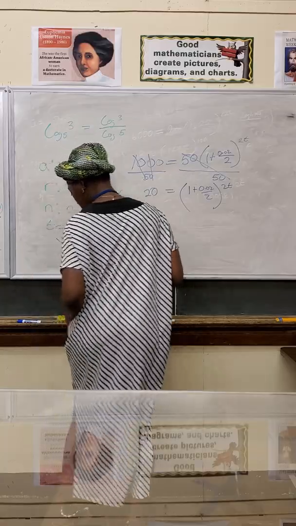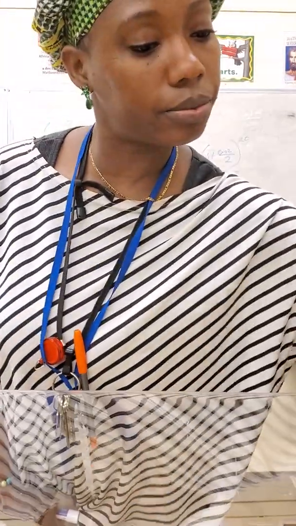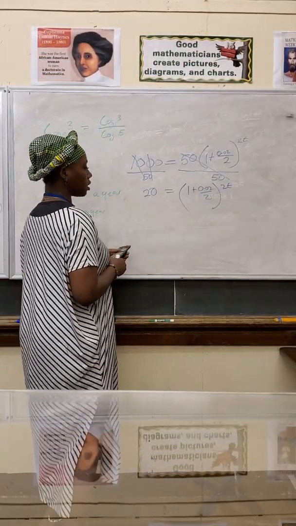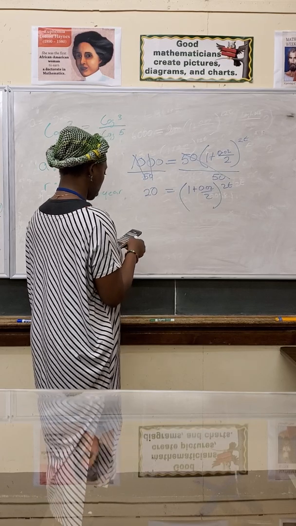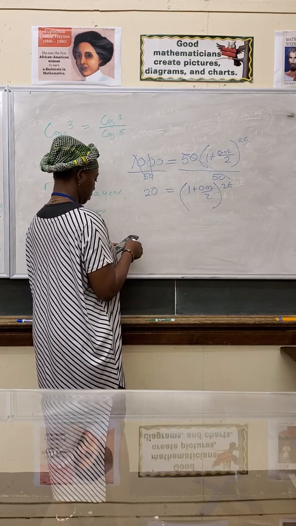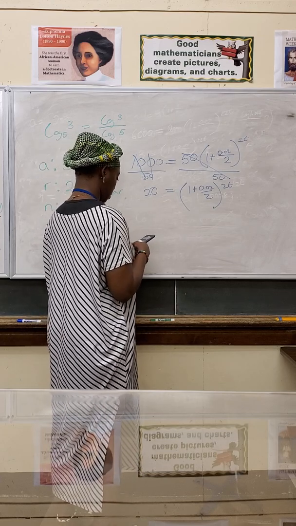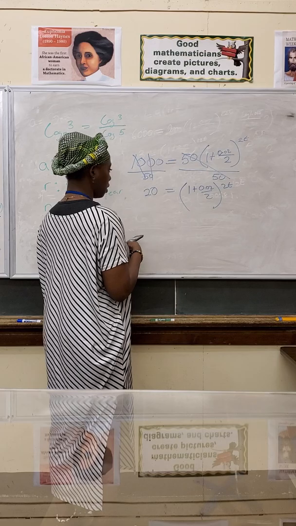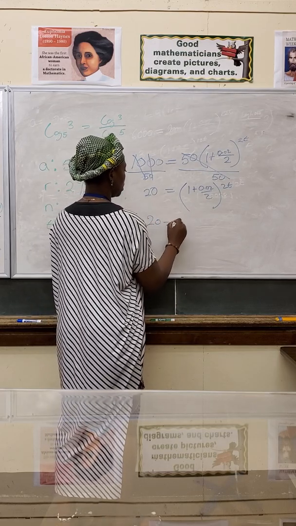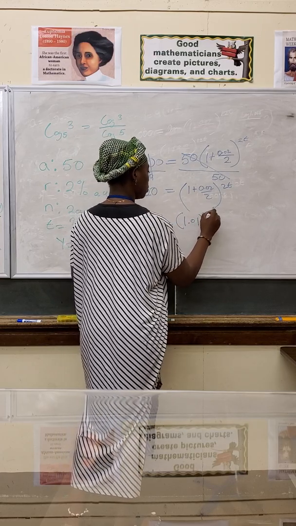So now I get my handy dandy calculator, and I do inside the parentheses, that's going to give me 1.01 raised to the power of 2t. Let me write that. 20 is equal to 1.01 raised to the power of 2t.